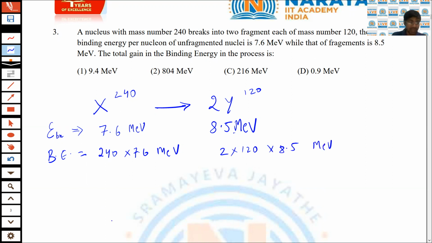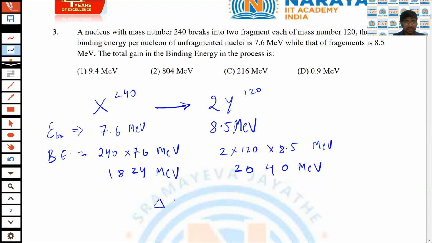The first comes out to be 1824 million electron volts, and the second comes out to be 2040 million electron volts.